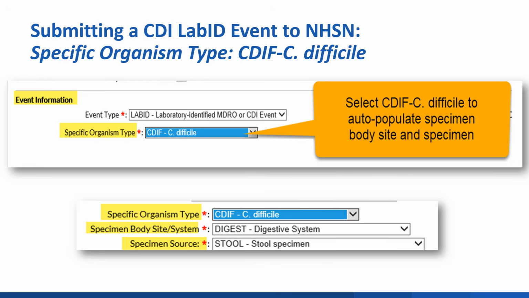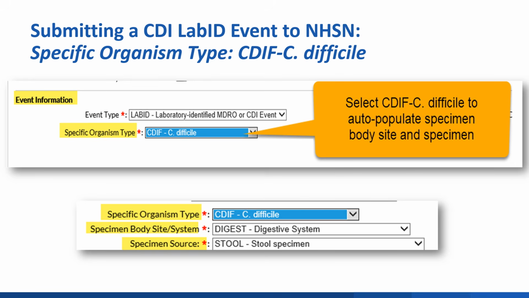Since LabID event was selected as the event type, the next box requires the user to enter the specific organism type. This box will populate with all of the organism options available in the LabID event module. Since a CDI LabID event is being reported, the user must select C. difficile as the specific organism type.